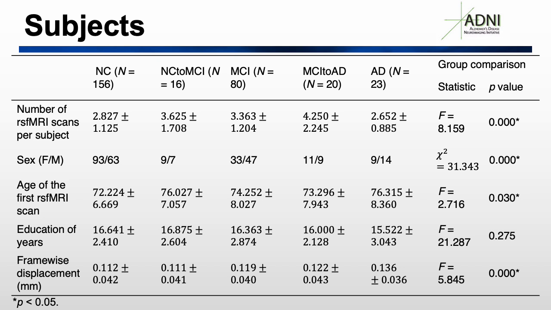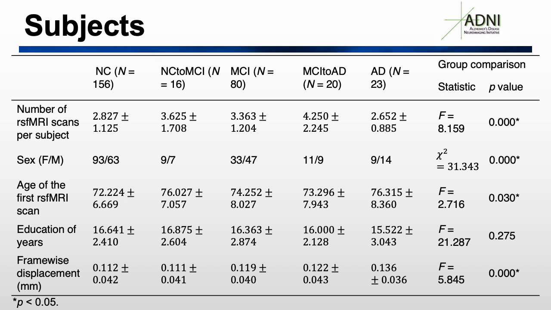Each subject in each group had at least 2 resting state fMRI scans from different visits, and the scans with frame-wise displacement larger than 0.2 mm were excluded. Each scan had repetition time 3 seconds and echo time 20 milliseconds.